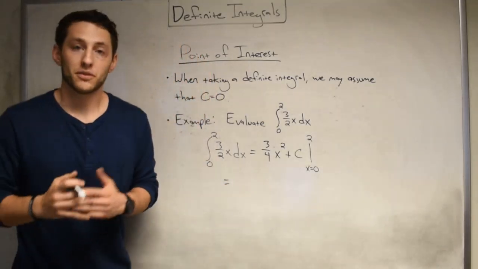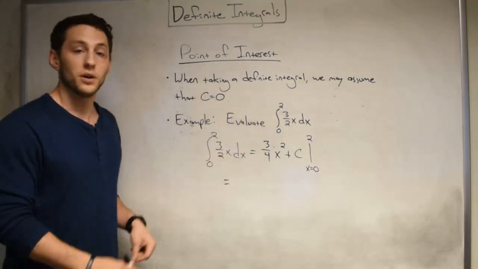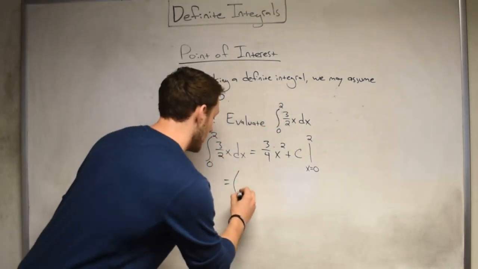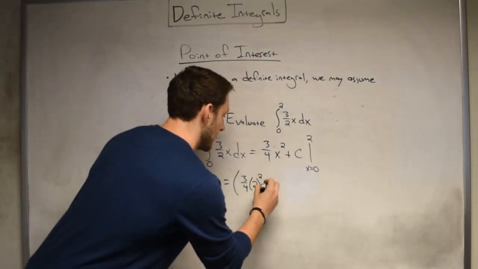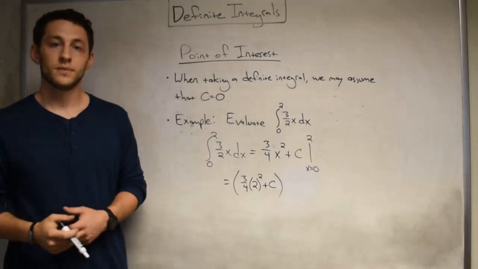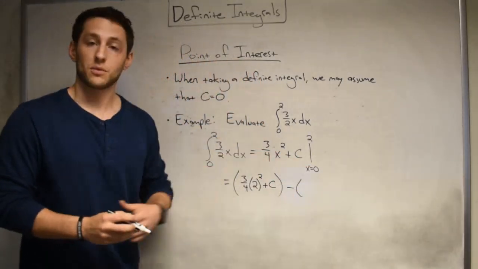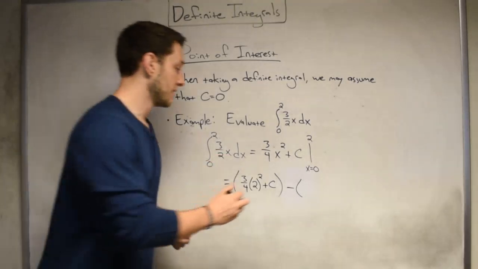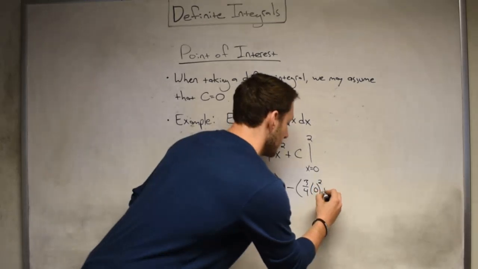The fundamental theorem of calculus states, first off, plug your rightmost endpoint, 2, into your antiderivative. 3/4 times 2 squared plus c. Second, plug in your leftmost endpoint, x equals 0, to your antiderivative. 3/4 times 0 squared plus c.